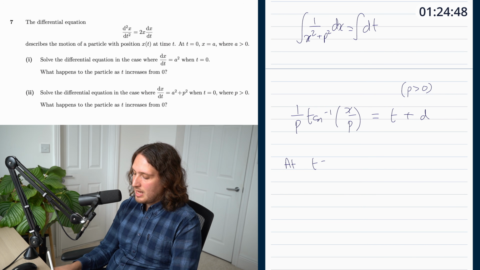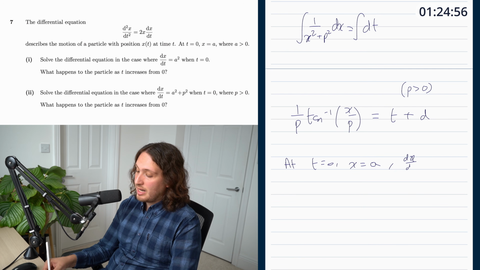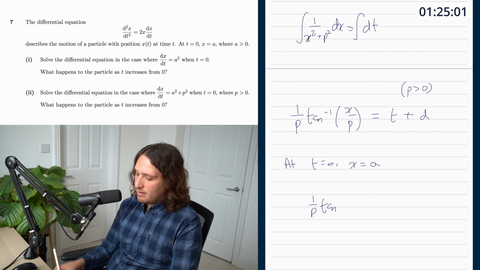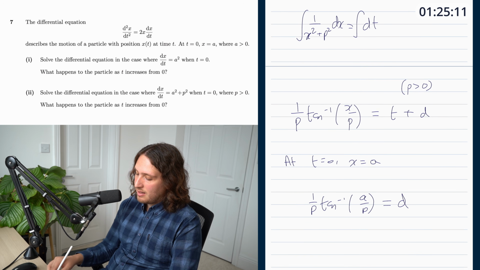So at t equals 0, x equals a, and... Oh, and I don't need dx by dt anymore, sorry. So I get 1 over p arctan a over p is equal to d.